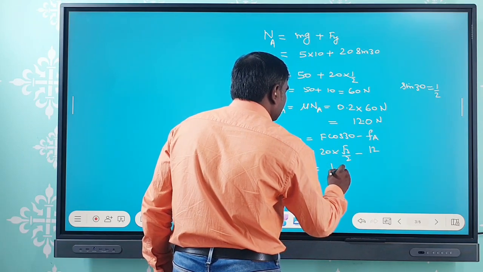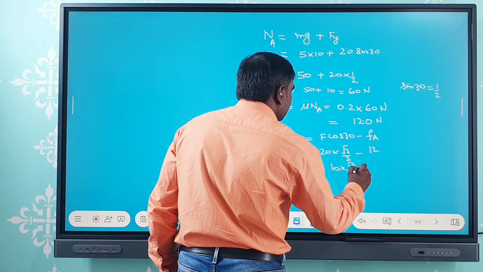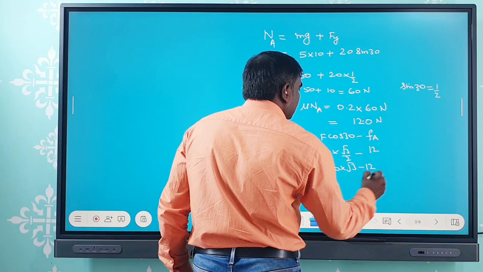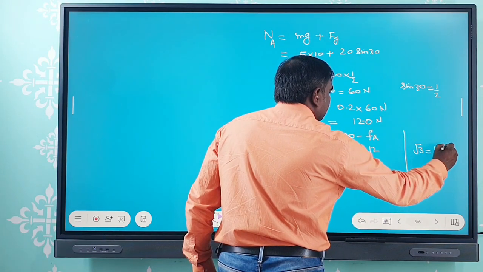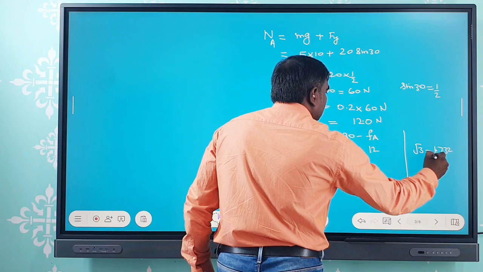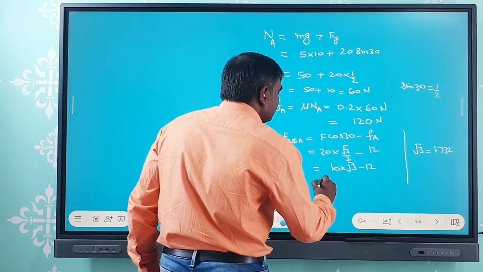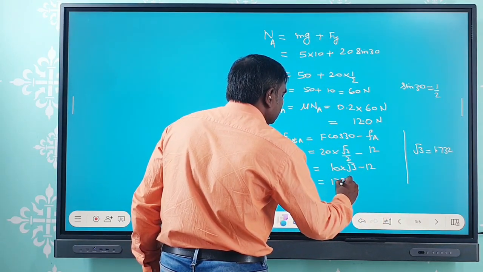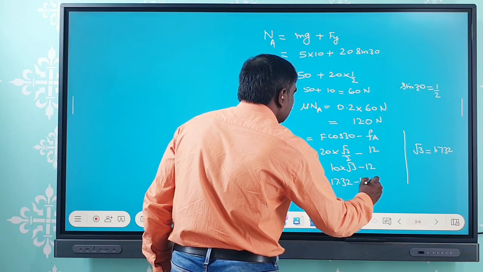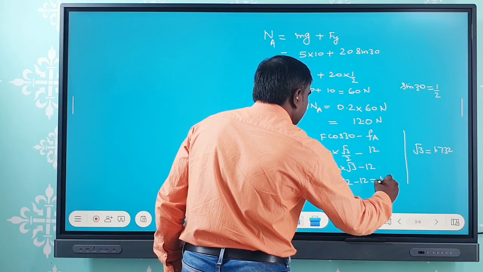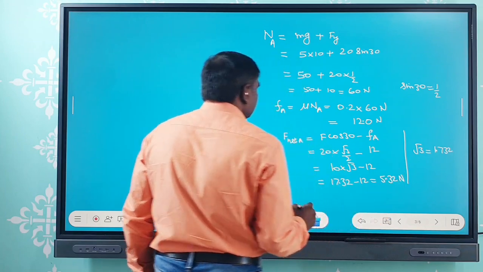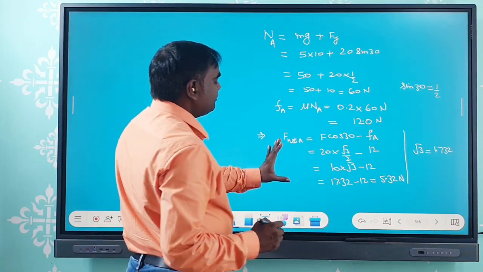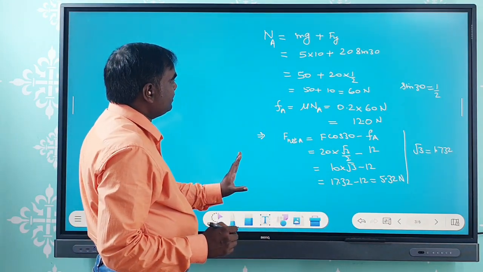So 10 into square root 3 minus 12, and square root 3 is equal to 1.732. So 10 times this will be 17.32 minus 12, that is equal to 5.32 Newton. This is the net force acting in the case of A.